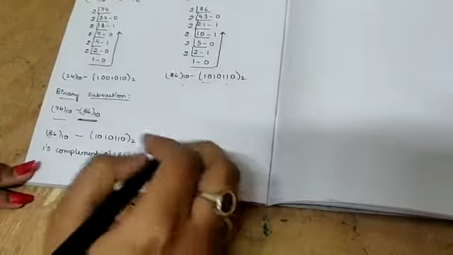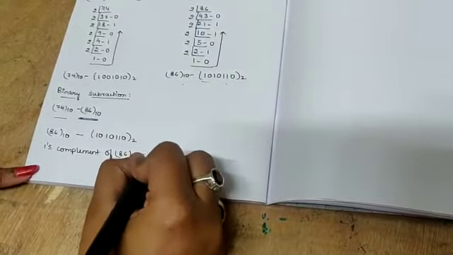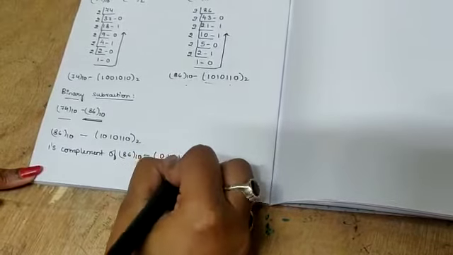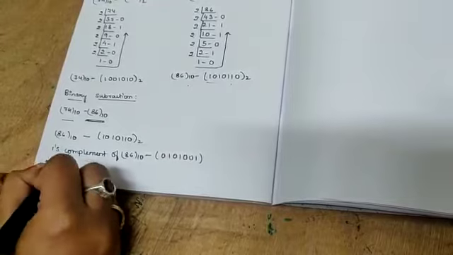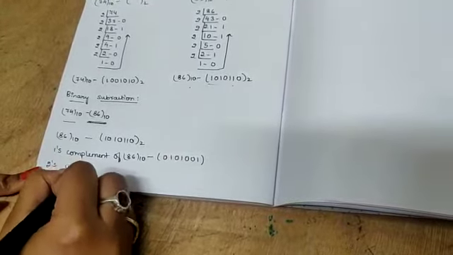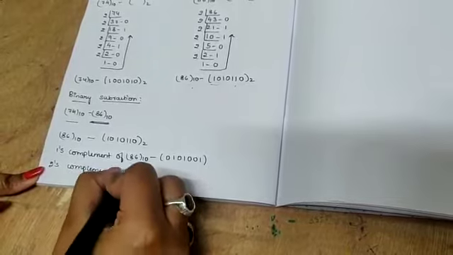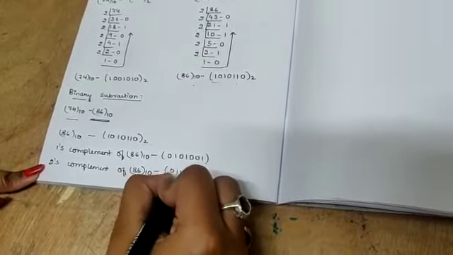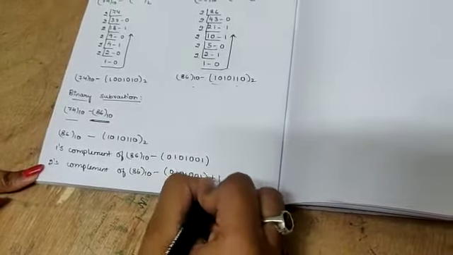For 1's complement, we have to just interchange zeros to ones and ones to zeros. So it is 0101001. Now for 2's complement of 86, we have to add 0101001 plus 1.